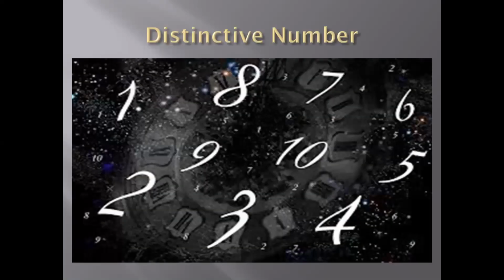Now, every share has a distinct number. Every share certificate is the evidence of the shares which you purchase, but every share certificate has a number on it, to distinguish the various share certificates.